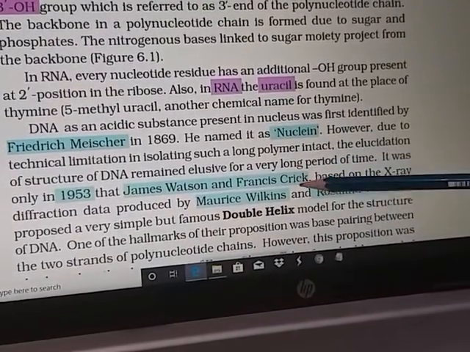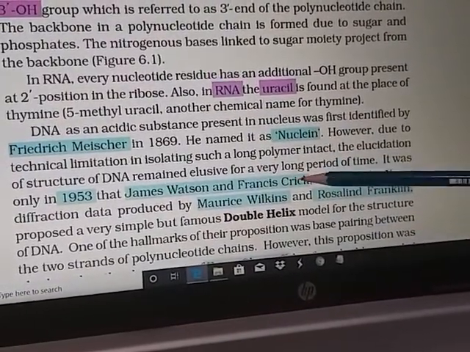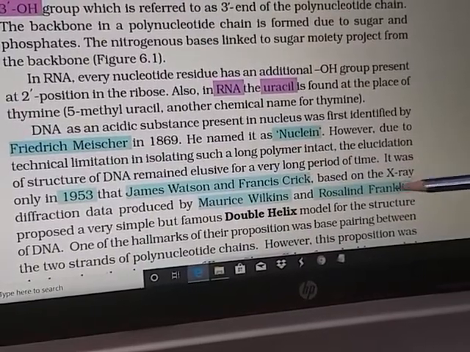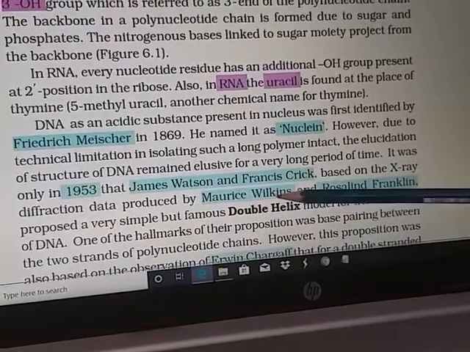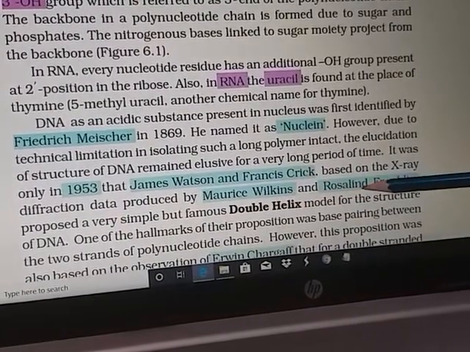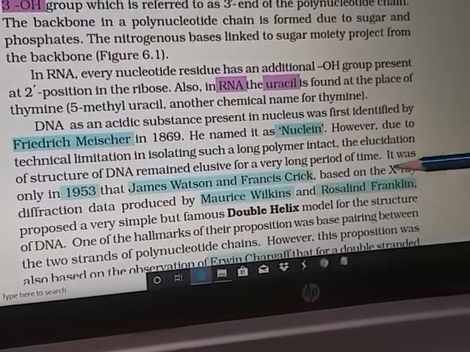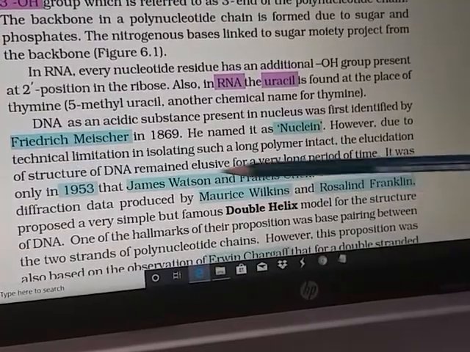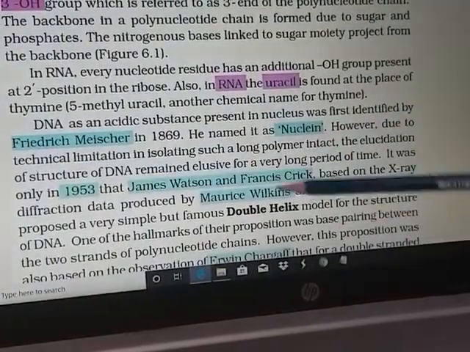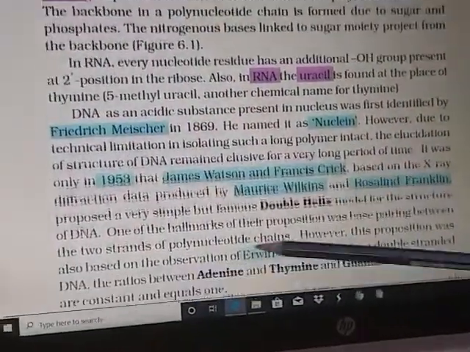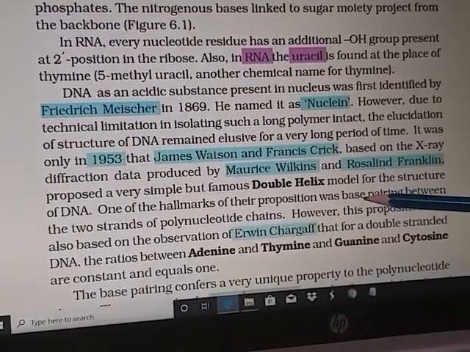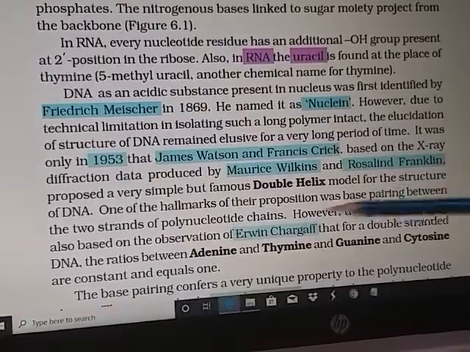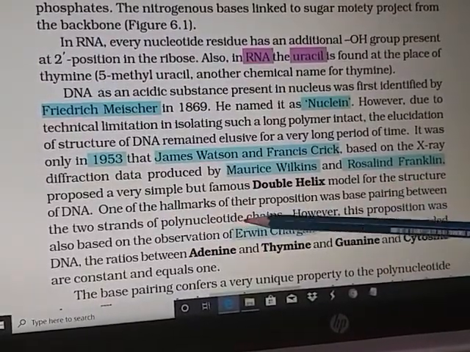How did they make it? They got the data of X-ray diffraction studies. Who made the X-ray diffraction studies? They were Maurice Wilkins and Rosalind Franklin. And when did it happen? It happened in 1953. One of the hallmarks of their proposition was base pairing between the two strands of polynucleotide chains.